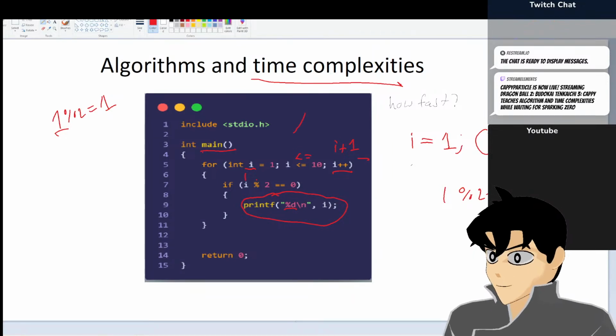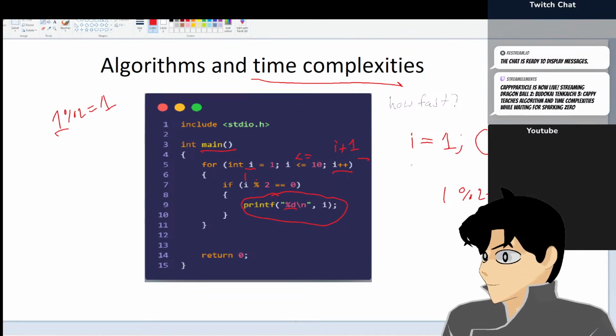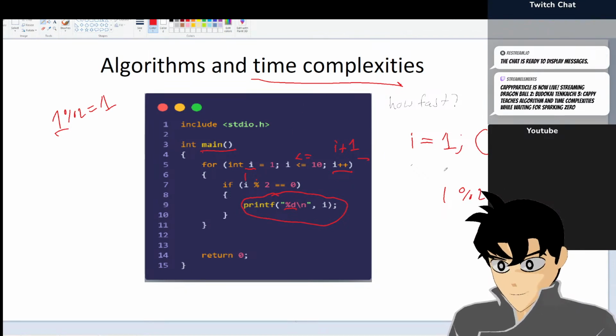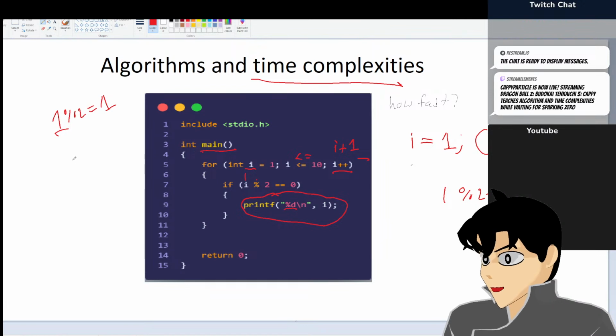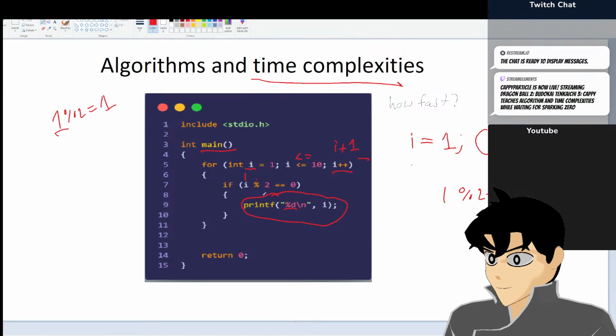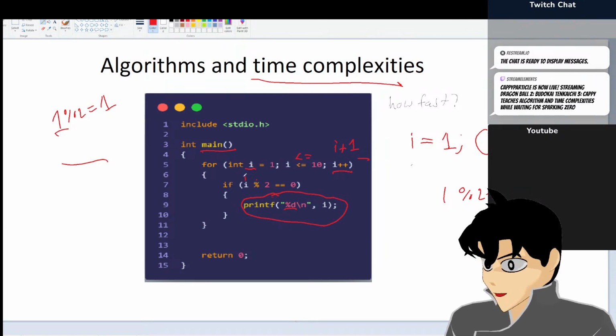All right, so we're here at modulus. We read from here: if i is divided by 2. The first iteration starts at 1, checks nothing, so blank. Goes to the next one, now int equals 2.